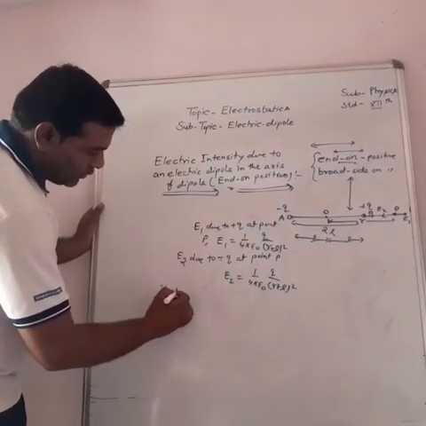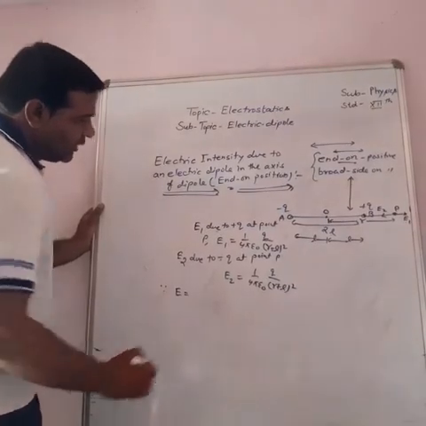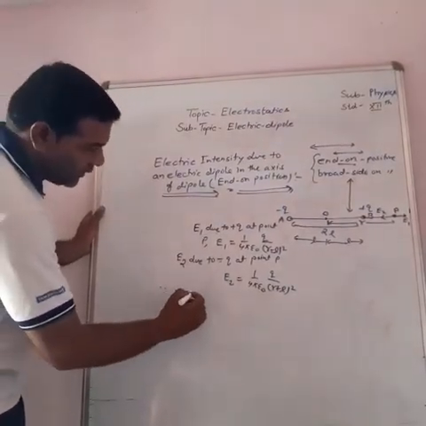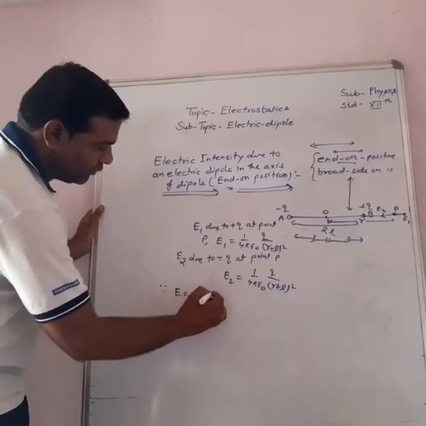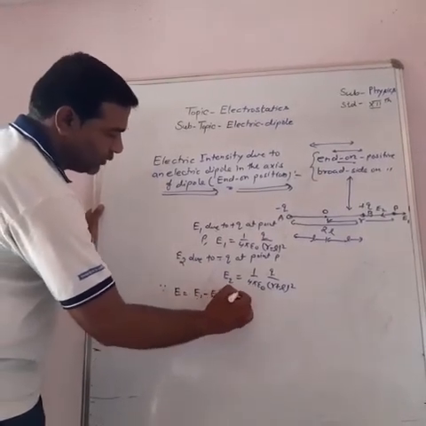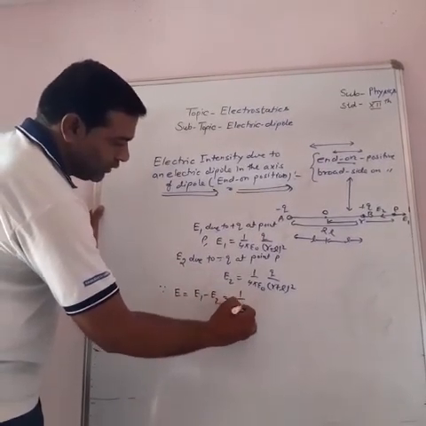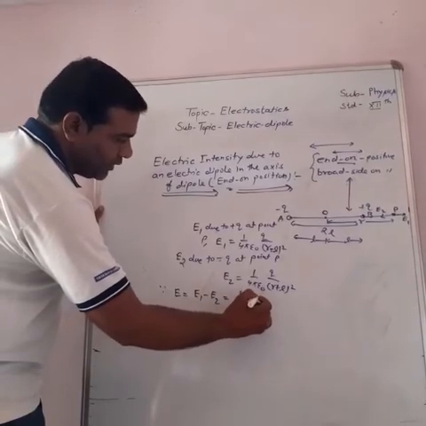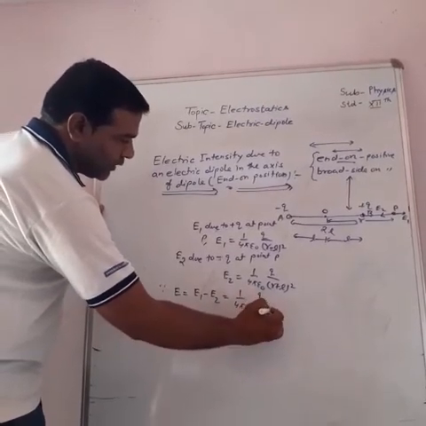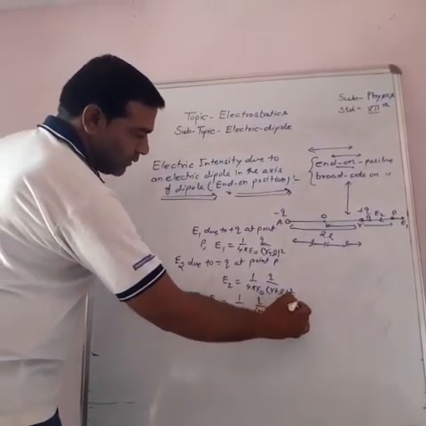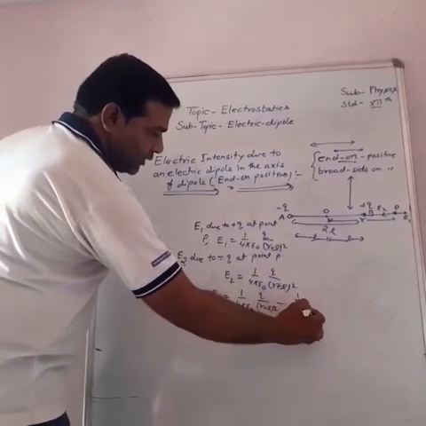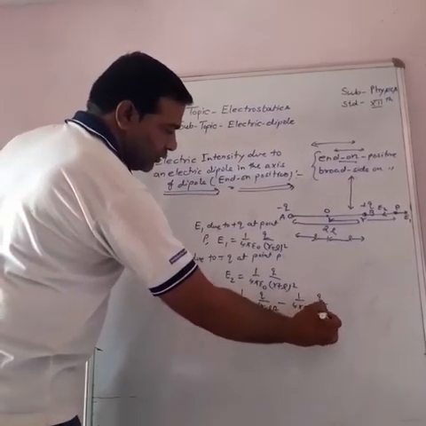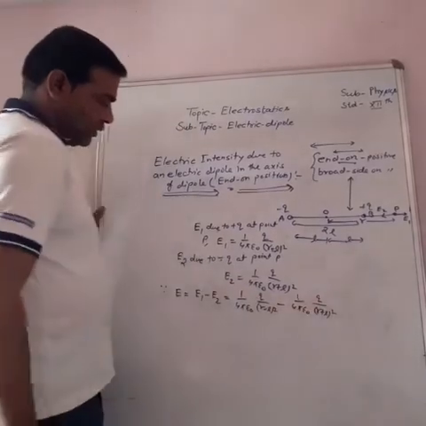So the total electric intensity at point P is equal to E1 minus E2. On substituting these values, E is 1/4 pi epsilon naught q upon R minus L whole square, minus 1/4 pi epsilon naught q upon R plus L whole square.